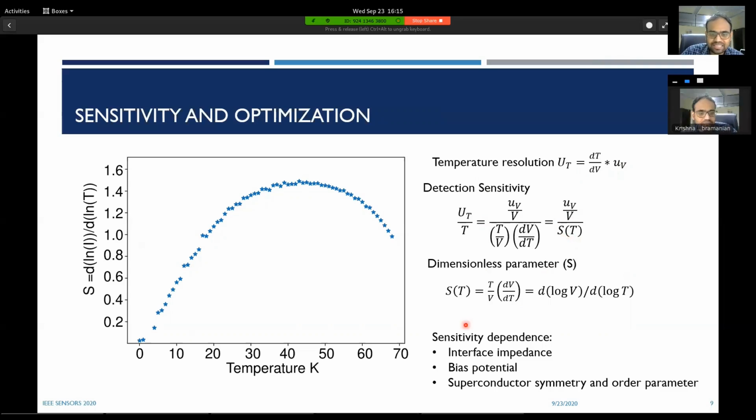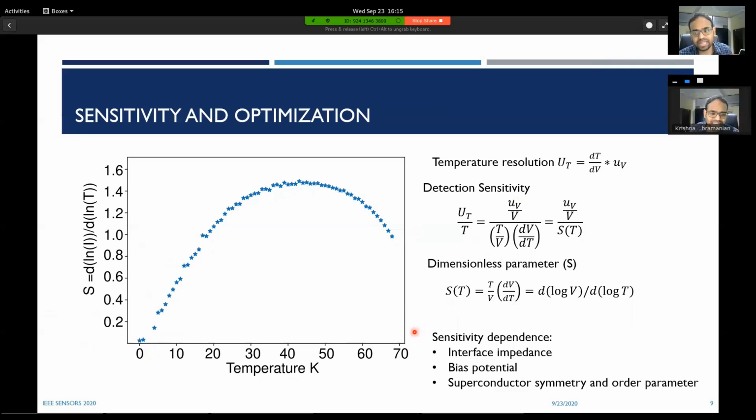And we calculated this S_T and then we plotted it at various temperatures. And the lower this S_T is, the higher your temperature resolution can be, as can be seen here, right? And we can see that our HTS based temperature sensor has very low sensitivity, or very low S_T, close to the operating region of interest, which gives it better resolution at lower temperatures.